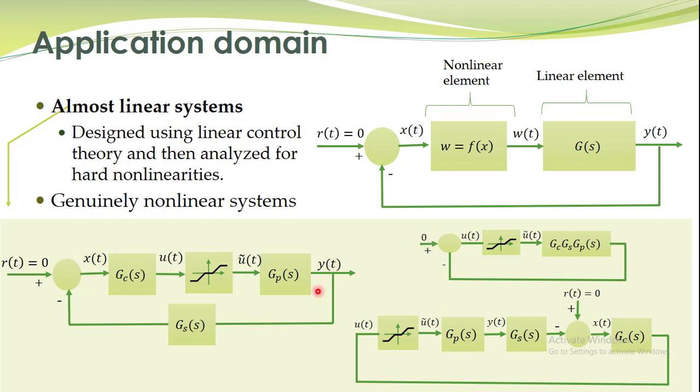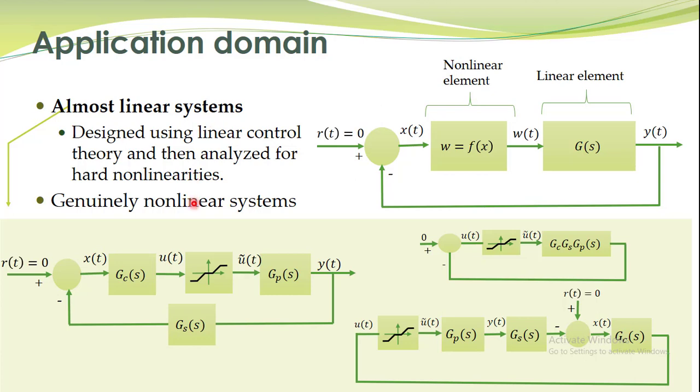So we can bring this system into this particular form. So with describing function analysis, one category of systems to which this can be applied is a set of these systems, that is, systems which are almost linear and have some kind of nonlinearity in them.